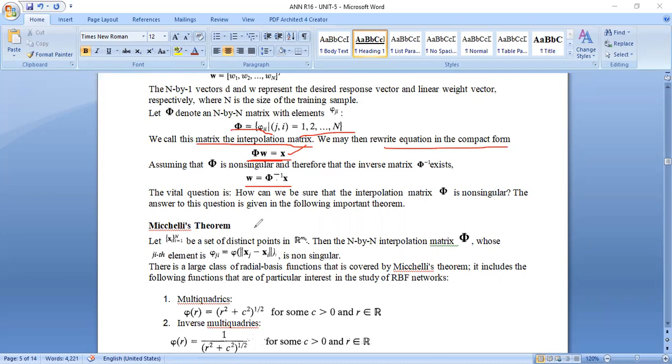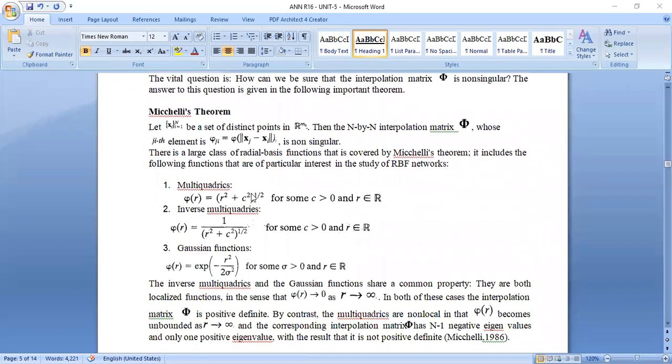Not only this, we have some other radial basis functions that satisfy the interpolation condition.